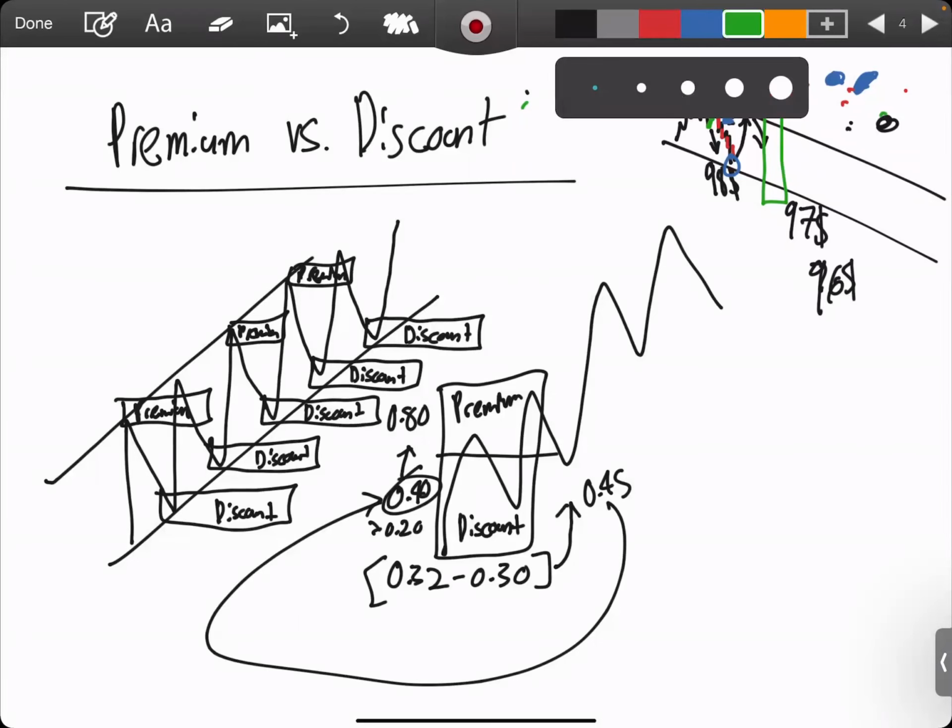And as price is moving up to supply to fill in that inefficiency, it might be using green candles, which may also leave behind engineered liquidity or an inefficiency that may need to get filled in.